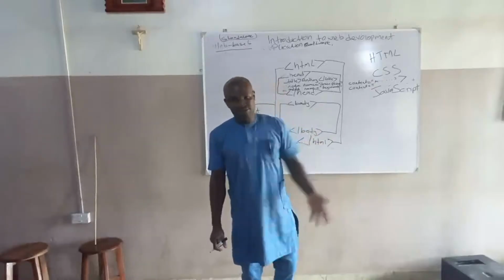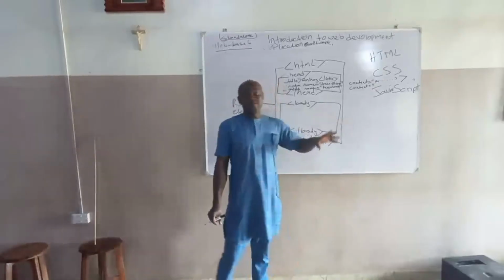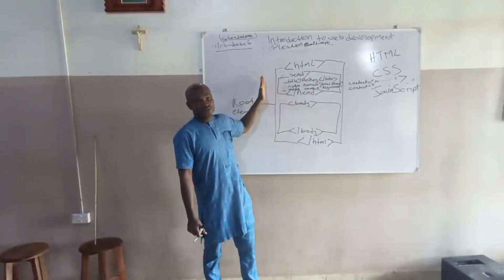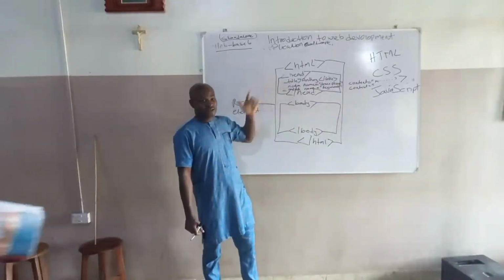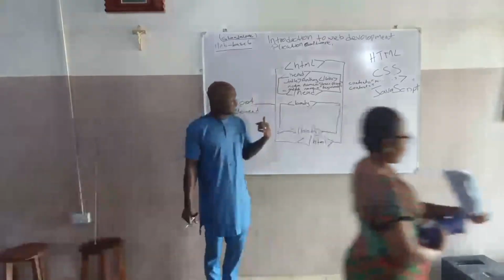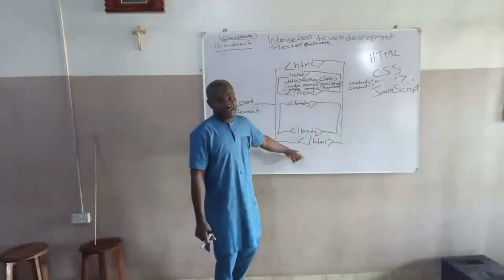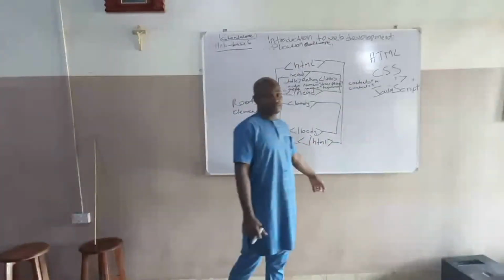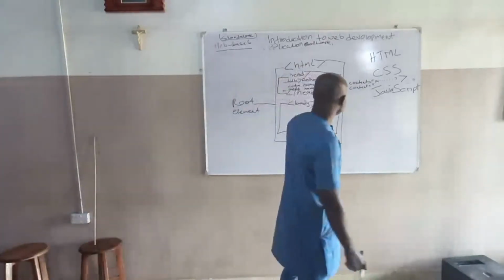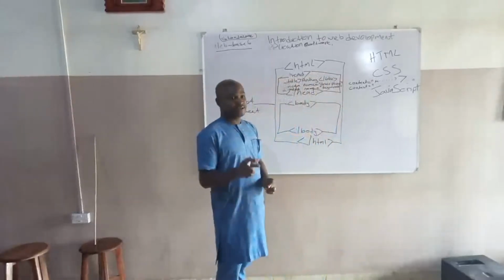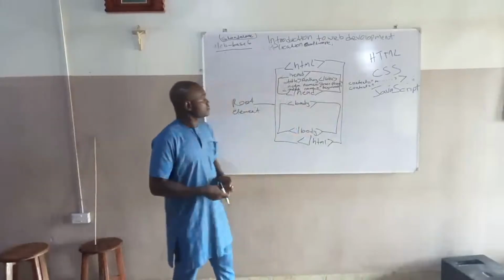I just wanted to grab these major ones. Write it down and jot it, because this diagram is going to help you understand better. Am I clear? Then as you expand, it gets clearer to you.